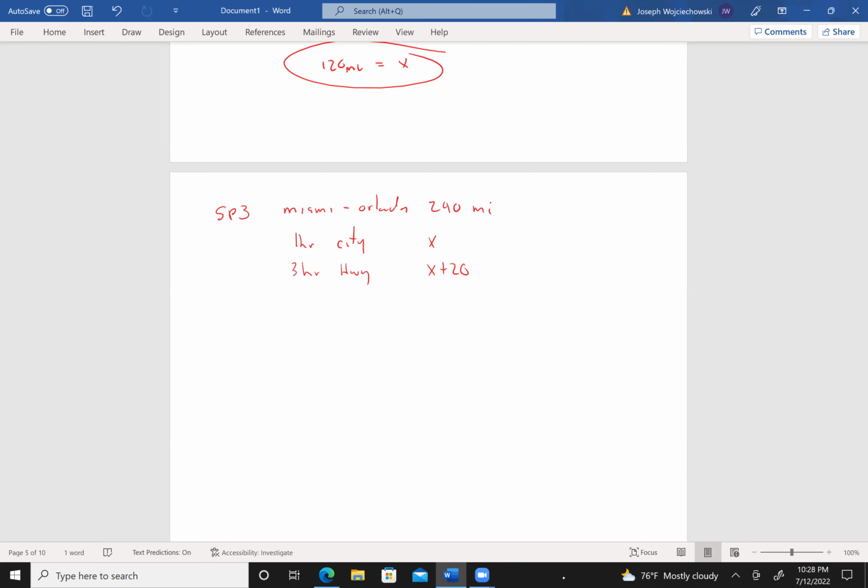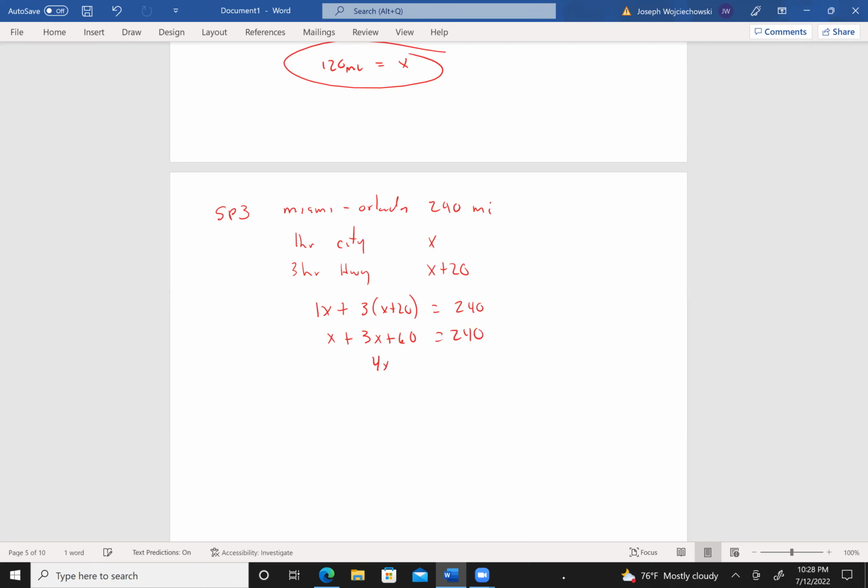So he drove 1 hour at X miles per hour. 1 times X, that's the distance he traveled in the city. 3 hours at highway speeds of 3 times X plus 20. So that's how far he traveled on the highway. And when you add those two together, you get the total distance traveled, which is 240. So we have X plus, distributing the 3, we get 3X plus 60 equals 240.